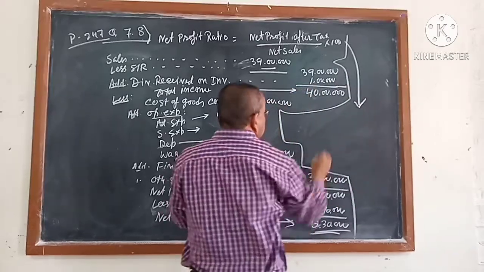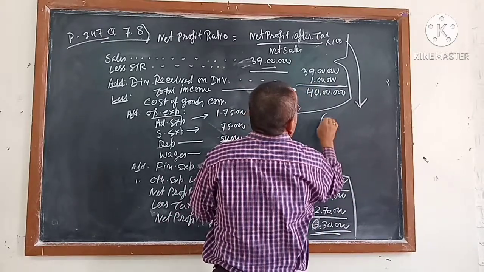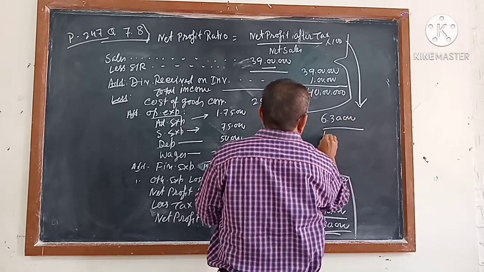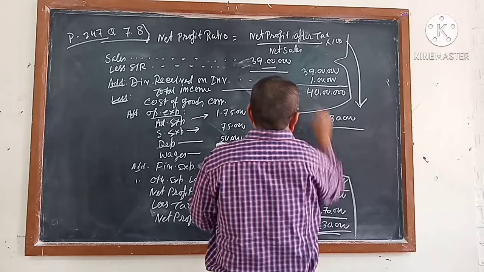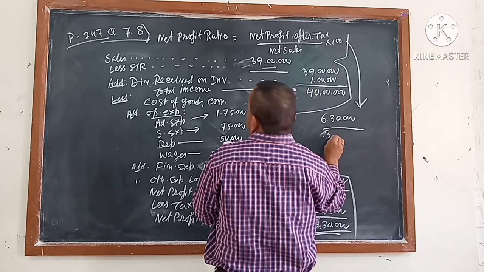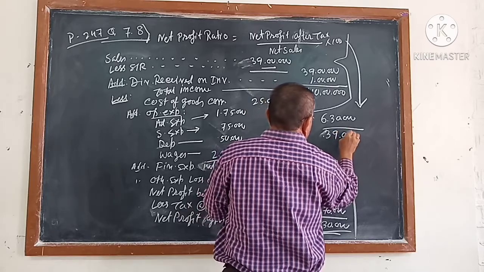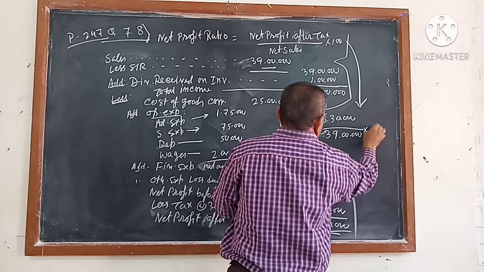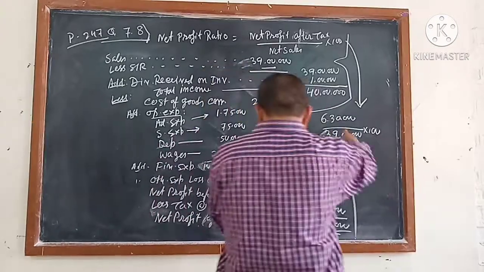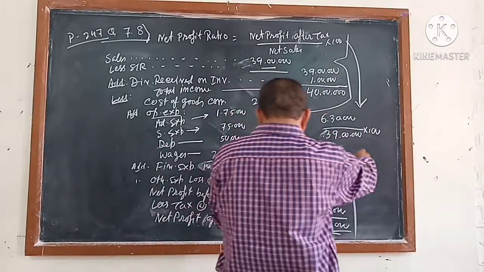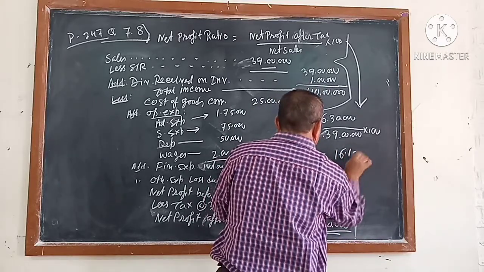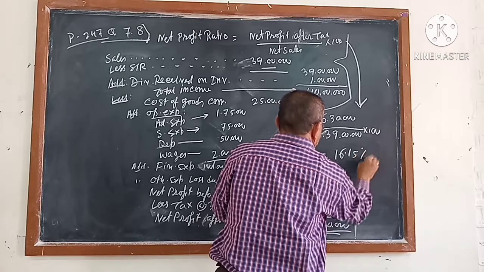Now we have to apply 6,30,000 divided by net sales. Net sales is 39 lakhs, multiplied by 100. 6,30,000 divided by 39 lakhs multiplied by 100 comes to 16.15%.